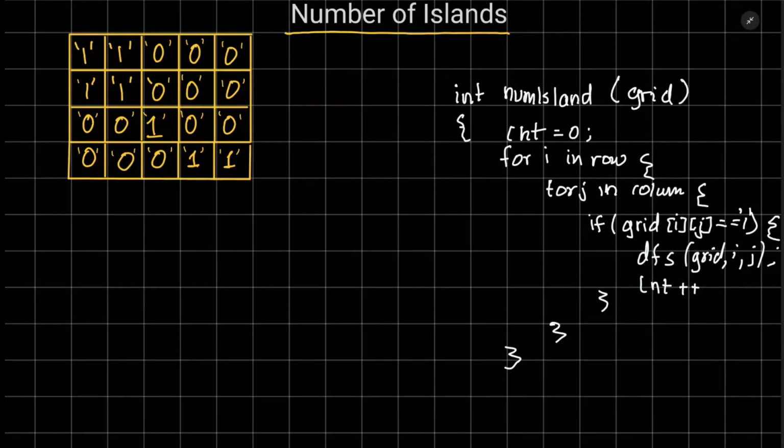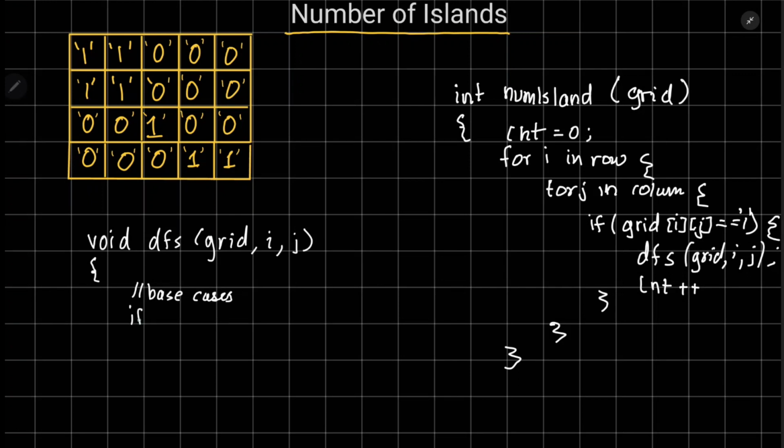Okay, so now let's look at the DFS function. As discussed, DFS function will be of void type. It will take arguments grid, i and j. So first we'll write the base case. One of the base cases is our indices going out of bounds.